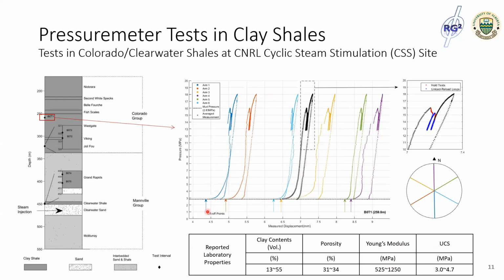As you can see, this is the lift-off point here. With those six independent caliper measurements, we can convert the displacement readings into the average reading. This black curve here shows the average test curve. With this average test curve, we can interpret the ground properties using the cavity expansion theory.